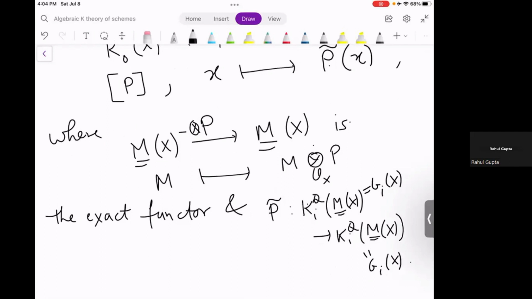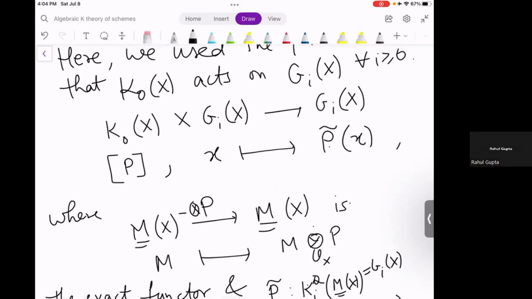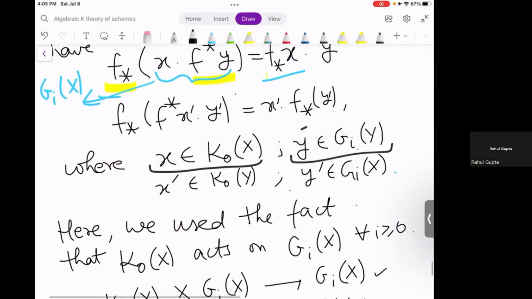Is it okay? So what I'm saying is that given any projective module, I have an exact functor from M X to M X. In particular, I have a map between G theories. So every projective module X acts on GI, and then one has to prove using some additivity theorems in exact categories that it actually factors through K naught of X, and in particular K naught of X acts on each of the GIs, and this projection formula is with respect to this action.